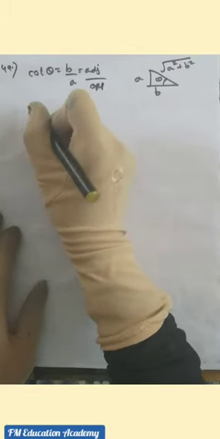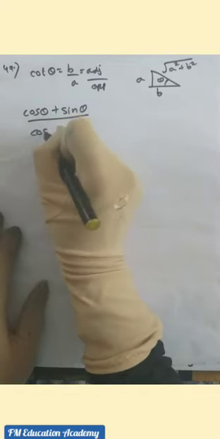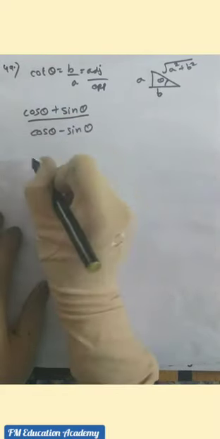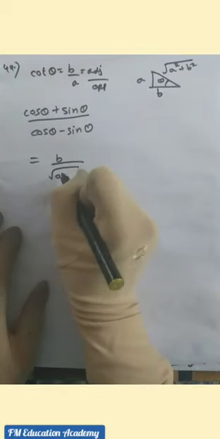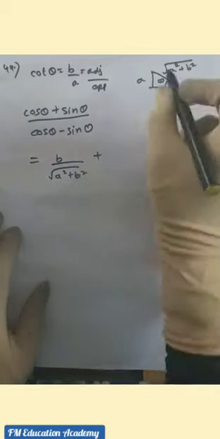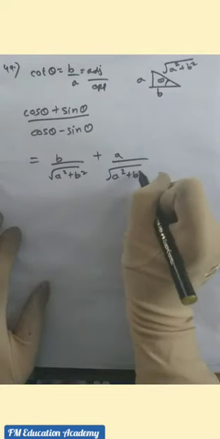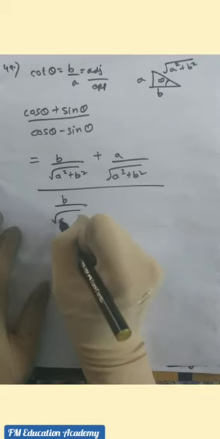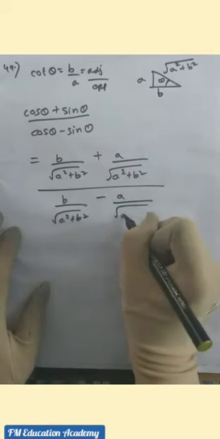Now we need the value of cos theta plus sin theta by cos theta minus sin theta. Cos theta means adjacent side by hypotenuse side, so b by root of a square plus b square, plus sin theta means opposite side by hypotenuse, that is a by root of a square plus b square, whole divided by b by root of a square plus b square minus sin theta, that is a by root of a square plus b square.